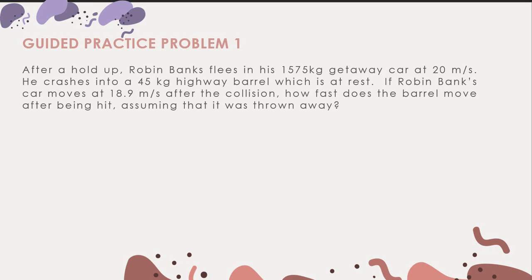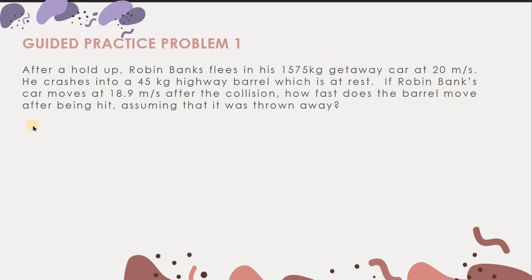If Robin Banks' car moves at 18.9 meters per second after the collision, how fast does the barrel move after being hit, assuming that it is thrown away? If you want to illustrate this, you may. Again, it's not required, but it's good to illustrate this one.